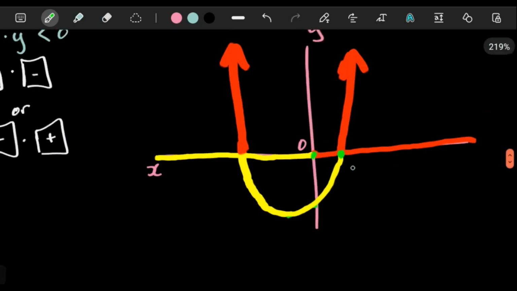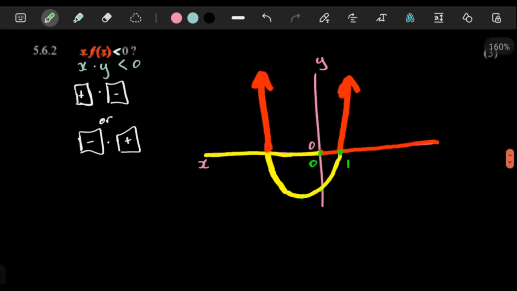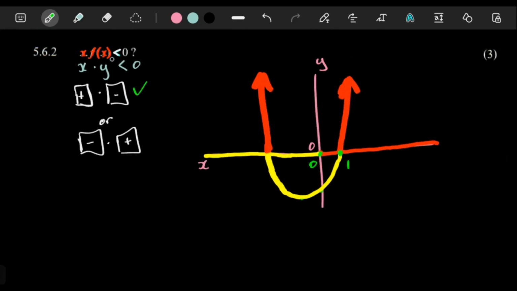This x value, we know it's a positive 1. This x value, we know it's a 0. So between 0 and 1, that's a portion where you have positive x values together with negative y values, which will definitely give us a negative value, because a positive x value and a negative y value multiplied together will give you a value smaller than 0.